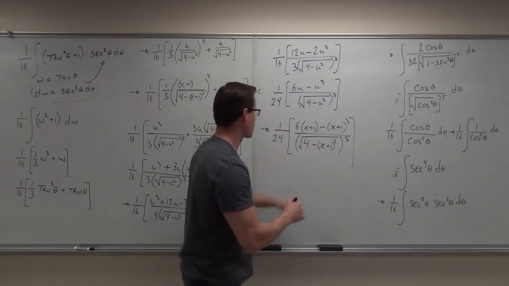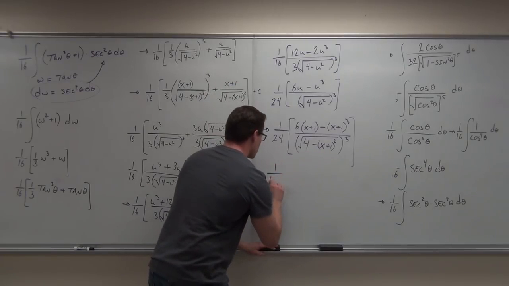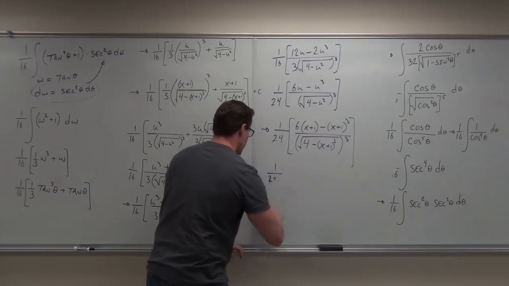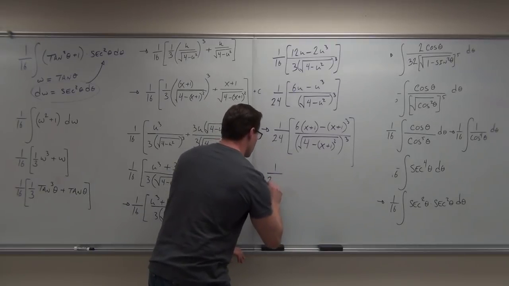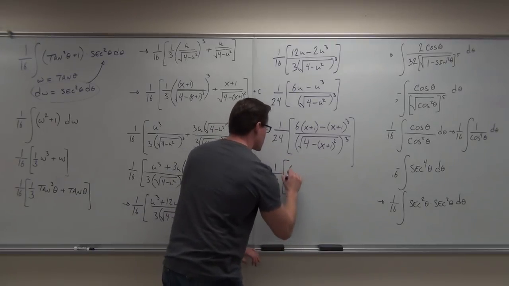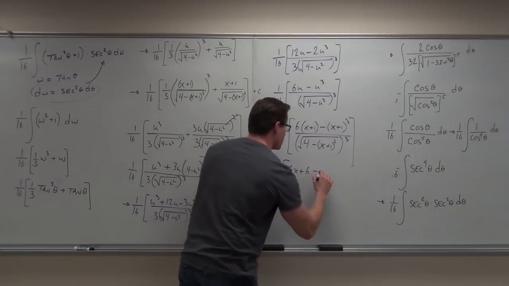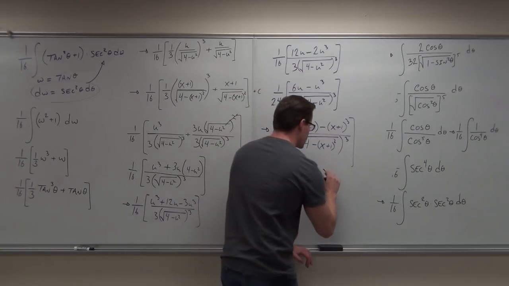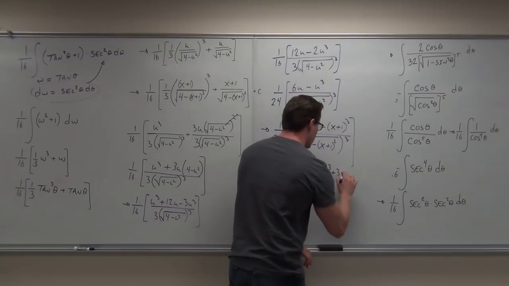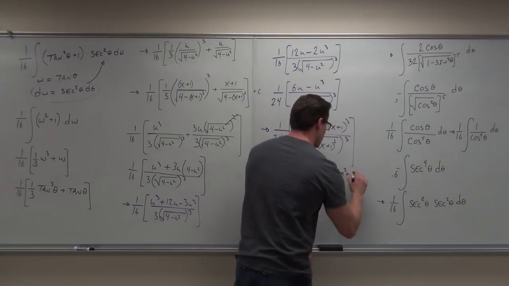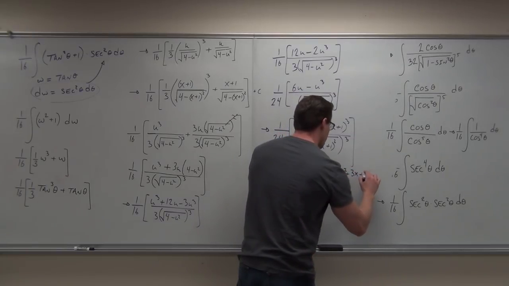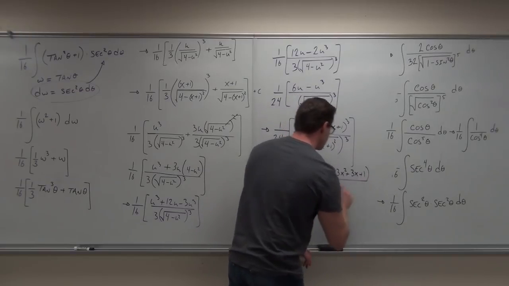So if I do this, this would be 1/24 times 6x plus 6 minus, if you're going to distribute that, x cubed plus 3x squared plus 3x plus 1, but that's inside parentheses.